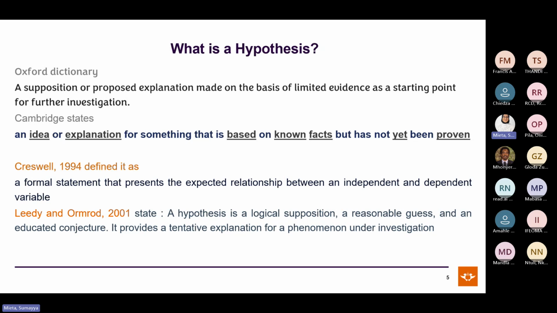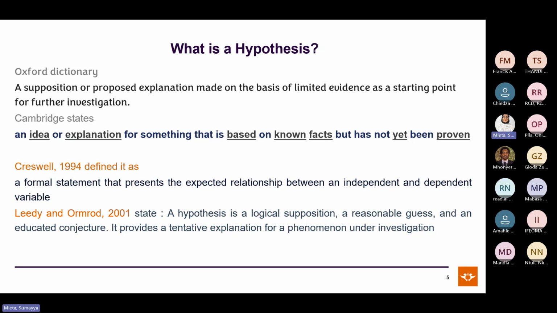Then we come to the more scientific and the experts in the research field, where Creswell, in 1994, defined it as a formal statement that presents an expected relationship between an independent and a dependent variable. So it's a very scientific explanation of what a hypothesis is. And we're going to go through the terms independent variables. What are they? How do they work?